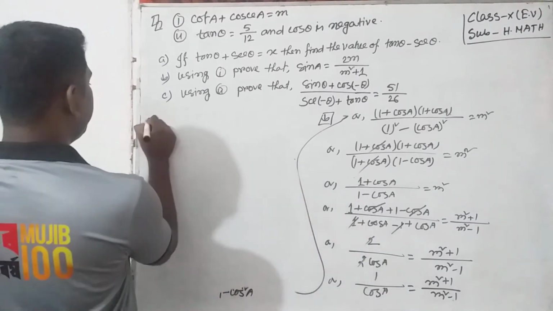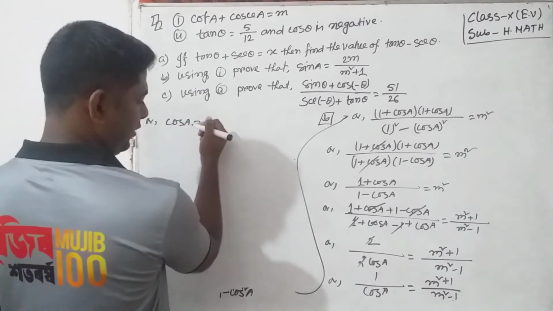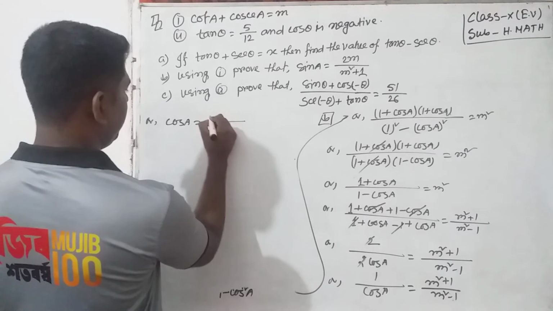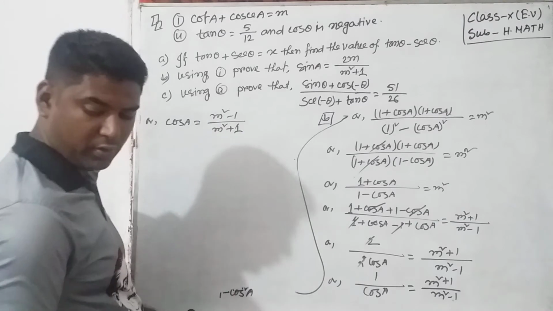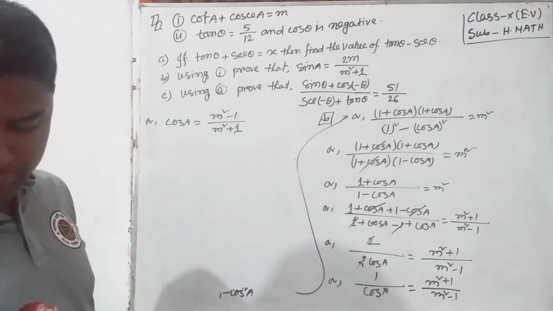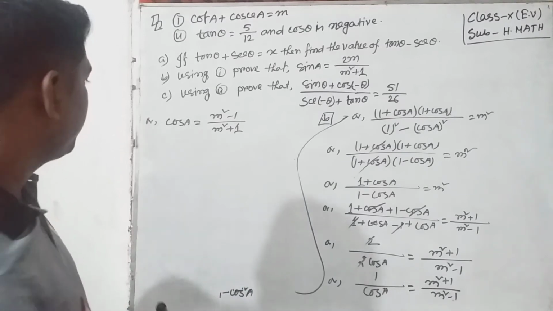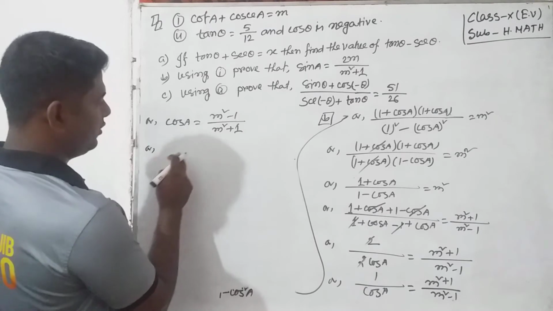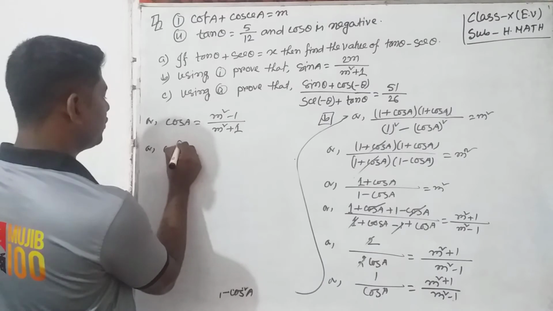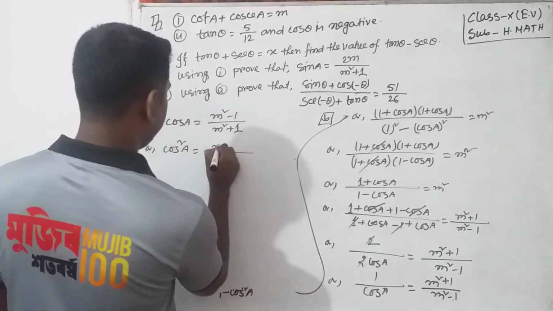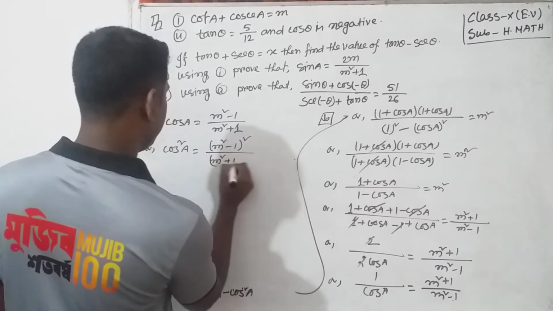Then we can write cos A by 1 equal m square minus 1 by m square plus 1. We can write cos A equal m square minus 1 by m square plus 1. Now squaring both sides, cos square A equal m square minus 1 whole square by m square plus 1 whole square.